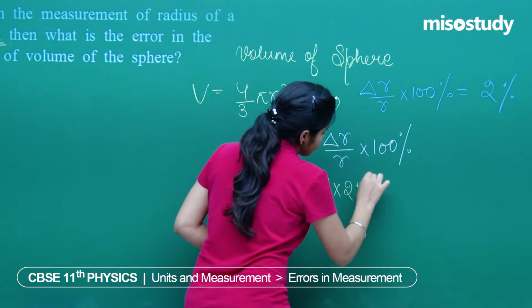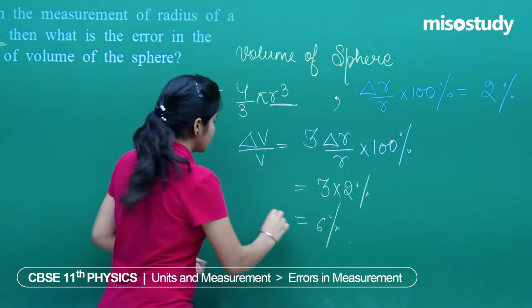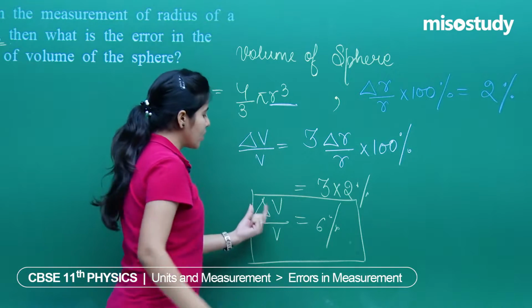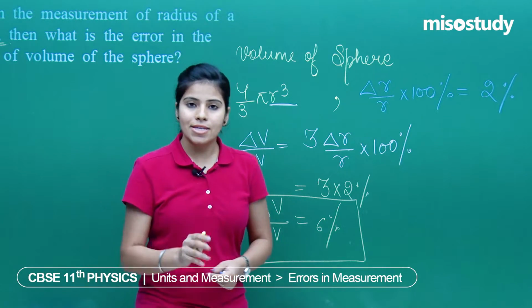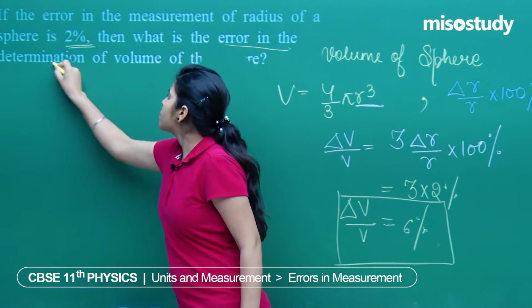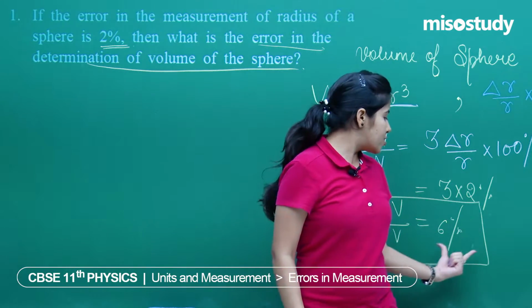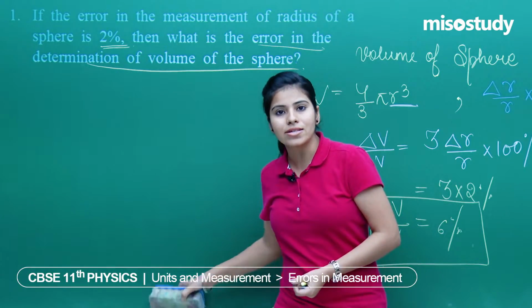We will have 6% as the volume error. Delta V by V, or you can write it as delta V by V into 100 equals 6%, and that is the error in the determination of volume of the sphere. So the answer is 6%. Okay, so this was the way to handle such a question.